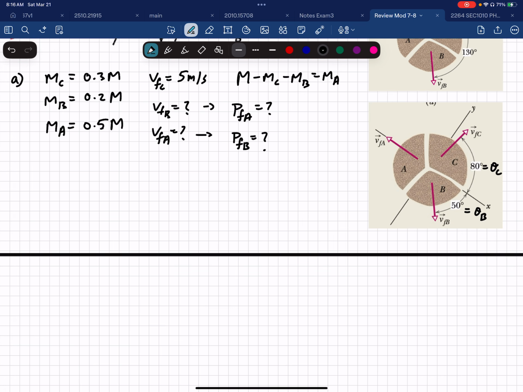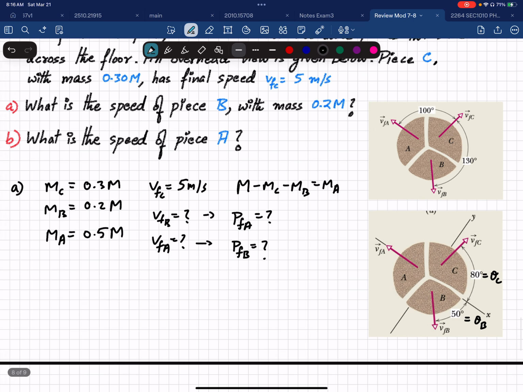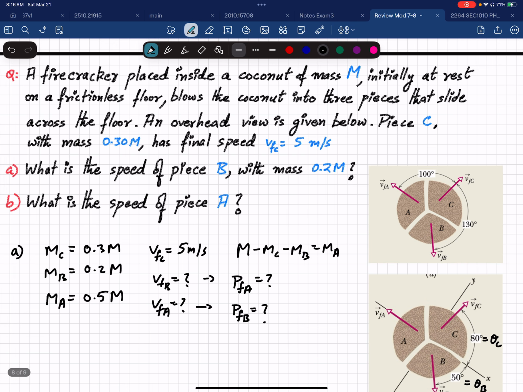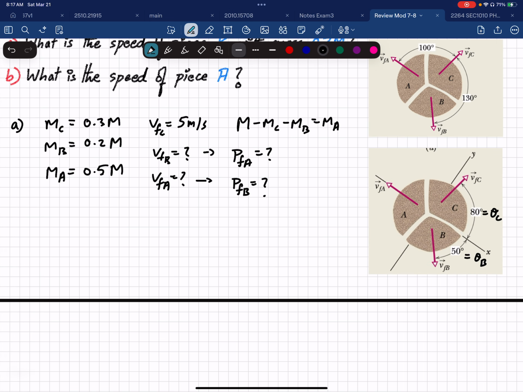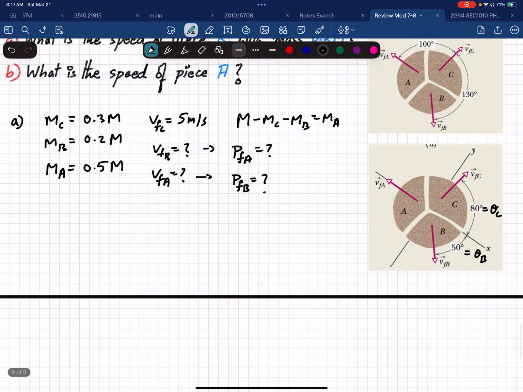we know that it's a conservation of momentum, because the situation is that there's one coconut which got broken and then gone to three parts. Hence, the three momentums are given as: PFA, and the direction of PFA, which is very simple, is in the minus x direction.